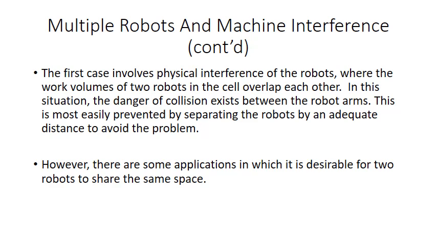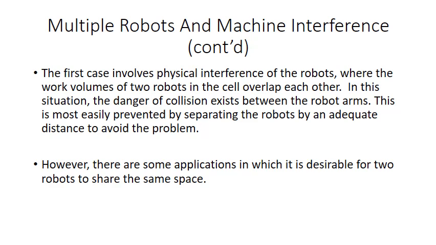The first case involves physical interference of the robots where the work volumes of two robots in the cell overlap each other. In this situation, the danger of collision exists between the robo arms. This is most easily prevented by separating the robots by an adequate distance to avoid the problem.